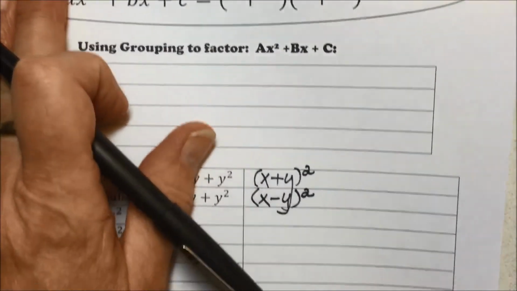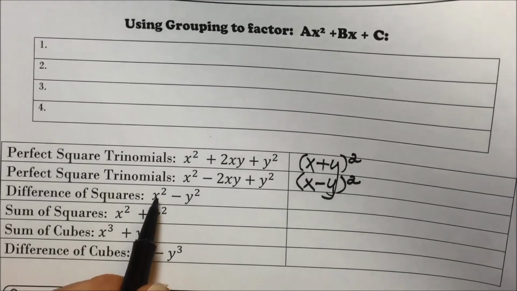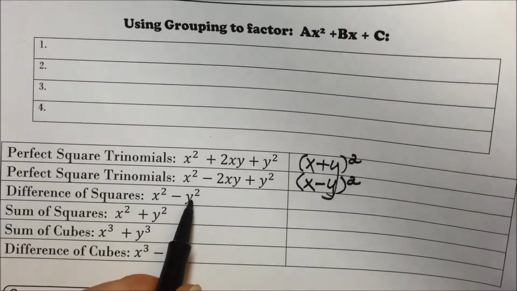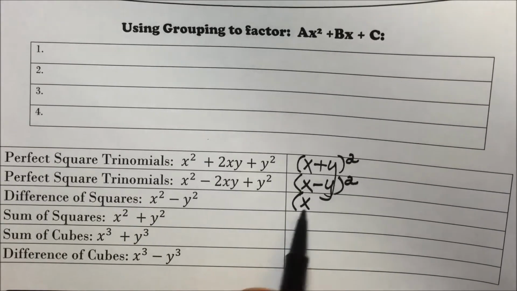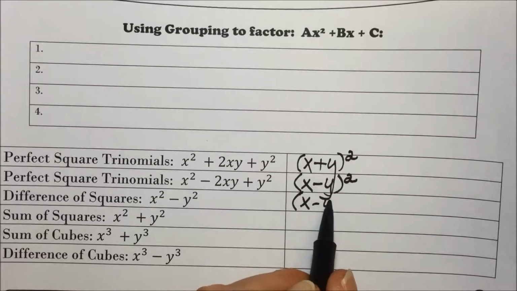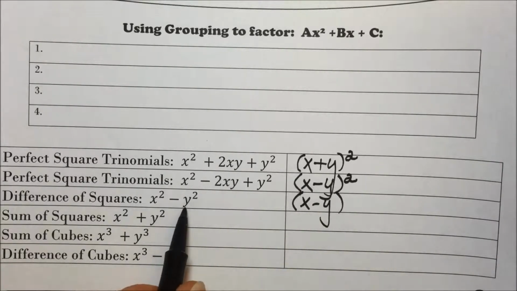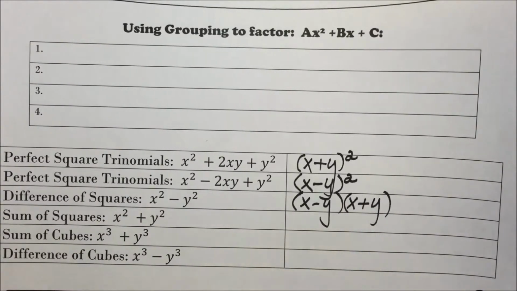So factoring a difference of squares, such as x squared minus y squared, factors into the square root of the first term minus the square root of the second term, square root of y squared is y, times that same binomial, only with the opposite sign.